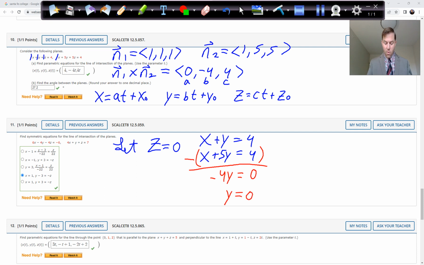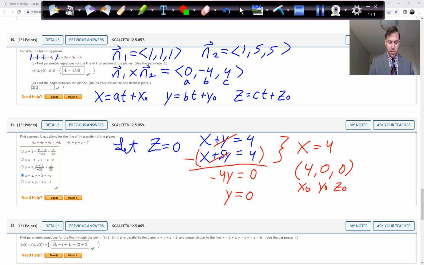Okay, so if y equals 0, then in either equation, it just goes away, and that means x has to equal 4. So the unique point that's on both of these, when we force z to be 0, is 4, 0, 0. And that would be our x0, y0, and z0.